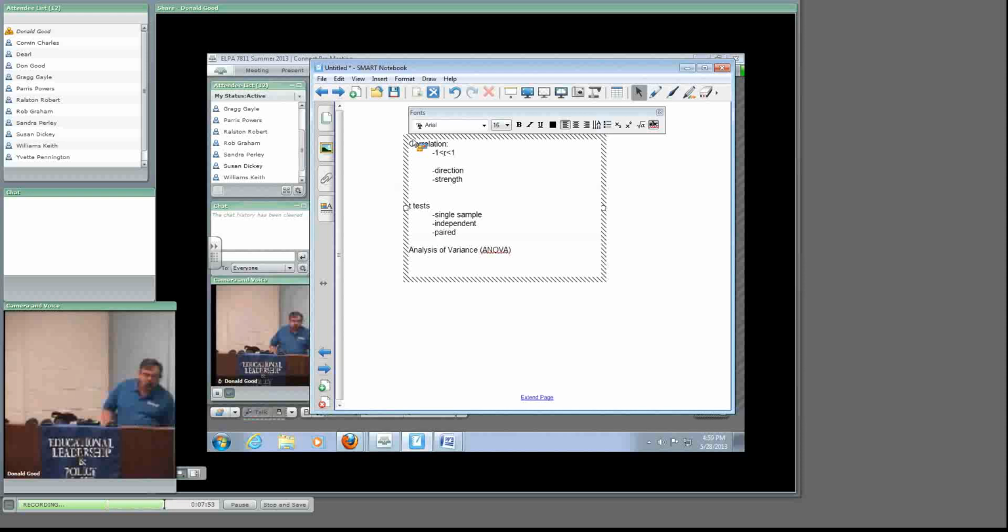So two steps to an Anova, or up to two steps. The first step answers the question: is there a significant difference anywhere between any pair, any two groups? And if the answer is no, that's it, you're done. But if the answer is yes, the follow-up test, the post-hoc test, remember we typically use a Tukey test, but we remember that SPSS had half a dozen or so to choose from.